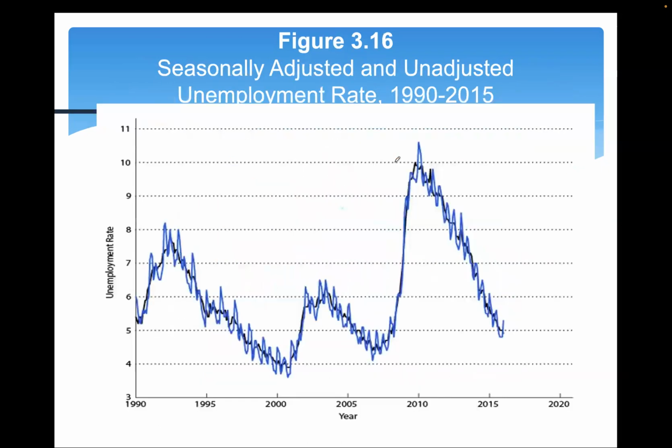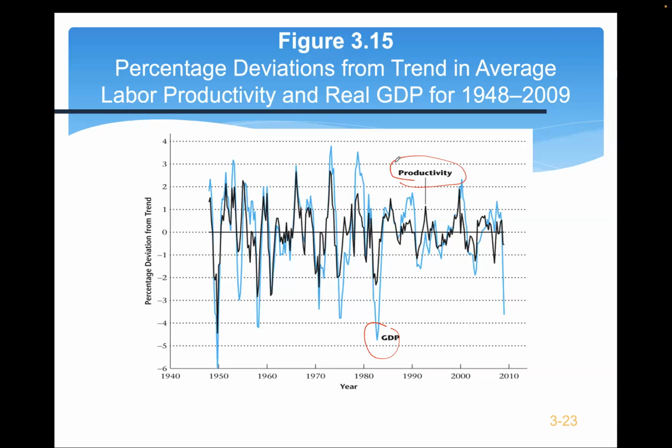Now we have to look at each of the components of the GDP and also other very important macroeconomic variables to see how they are correlated with real GDP, and see their fluctuation in terms of magnitude.